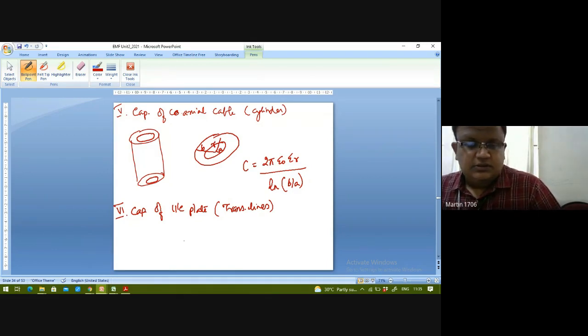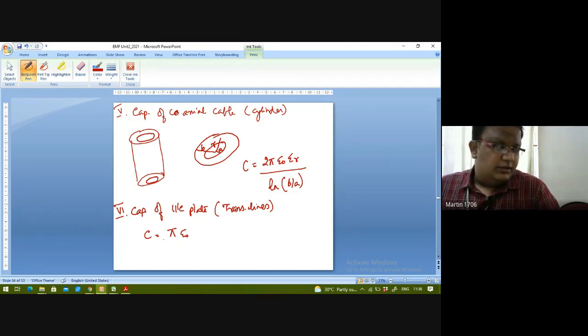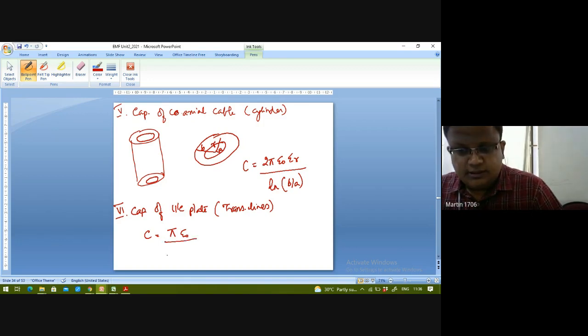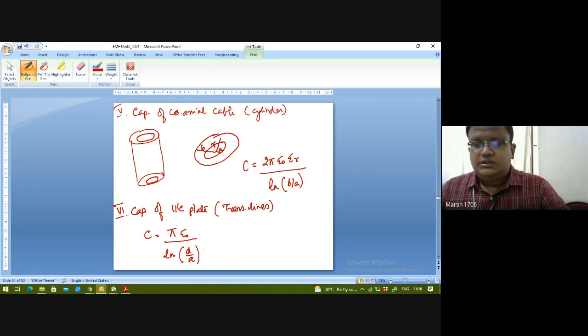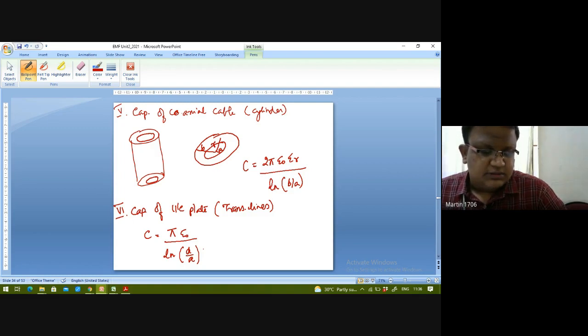The capacitance C is equal to pi epsilon naught whole divided by ln of d by a. So this is the formula for the parallel plate, otherwise known as the transmission line.